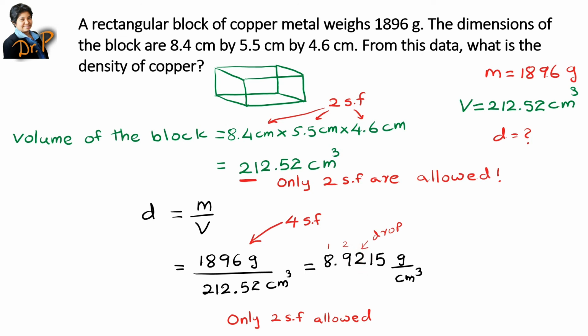So that means the digit right in front of it, number 9, is not going to change, because the first digit we drop is smaller than 5. Now this is how we report the correct answer with the correct number of sig figs and the correct units, 8.9 grams per cubic centimeter.